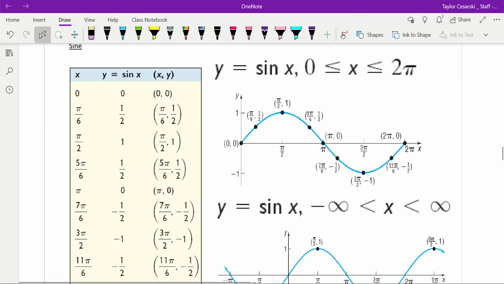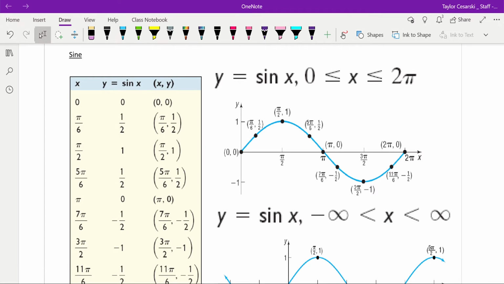So let's first look at our parent function, which is sine of x. We get these features of our graph from our unit circle. So at 0, at pi over 2, at pi, and at 3 pi over 2, we're looking at what our sine value is. I usually sketch out my unit circle, like I did back in Math 3: (1, 0), (0, 1), (-1, 0), and (0, -1).